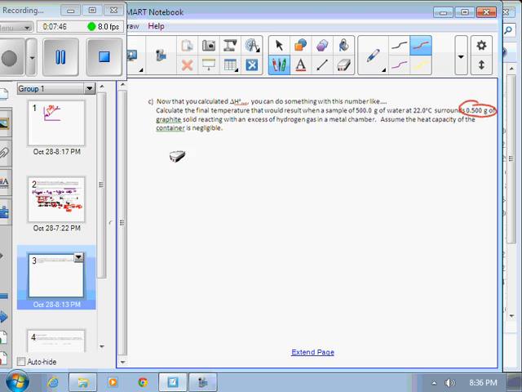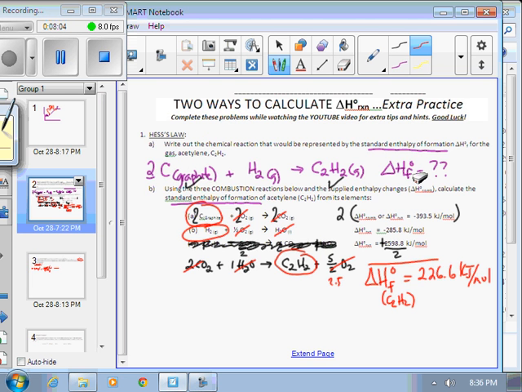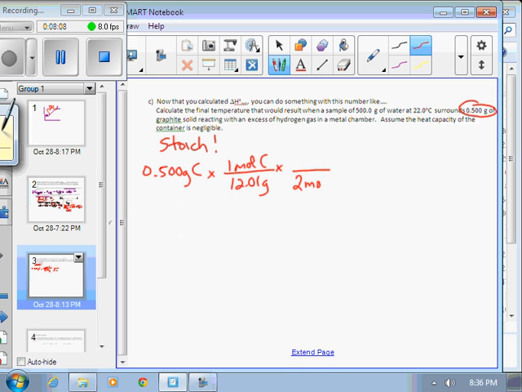So the first thing I see here is that we need to do a little stoichiometry. I need to take that 0.5 grams of carbon and say, okay, how many moles is that? Okay, and then from there say, okay, according to this equation that we wrote here, with graphite reacting with hydrogen, for every 2 moles of carbon in the form of graphite, 226.6 kilojoules of energy would be required to react with that hydrogen to make the acetylene.